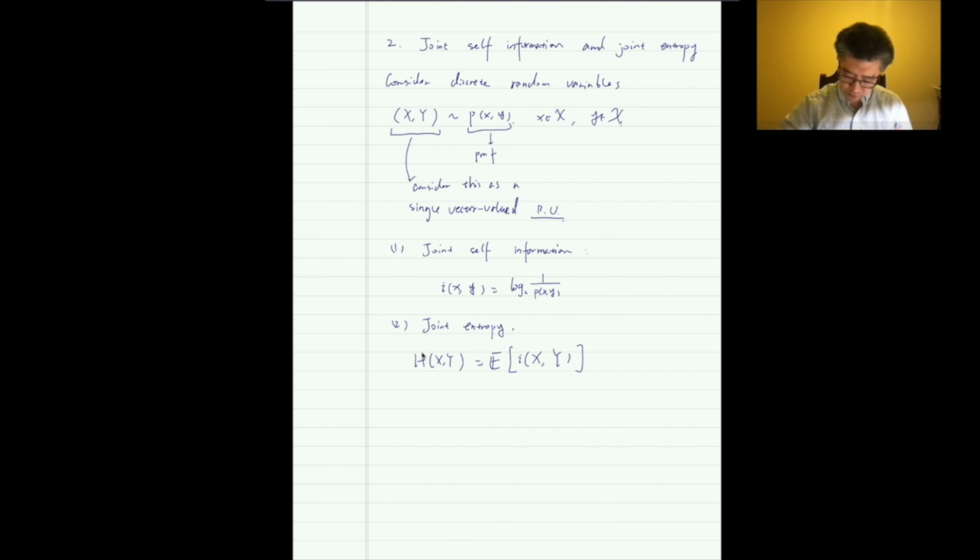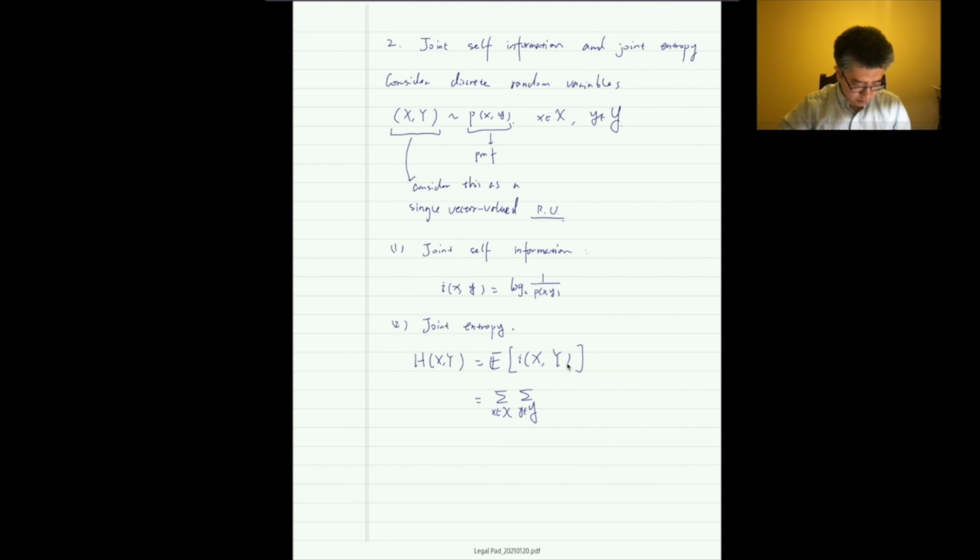If we write this out, it equals the expectation, and we need to do this over both x and y. Remember, we consider x and y as a single random variable now. So x in X, y in Y. There's a typo here, so y should be in Y.